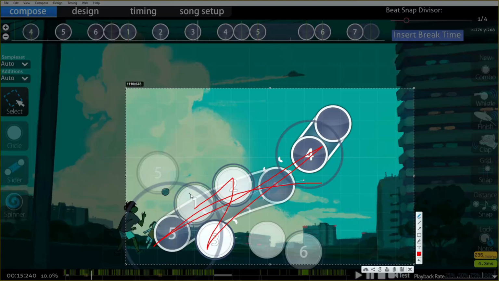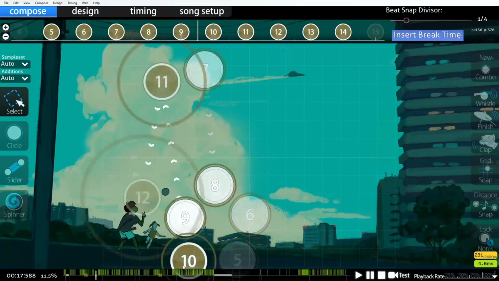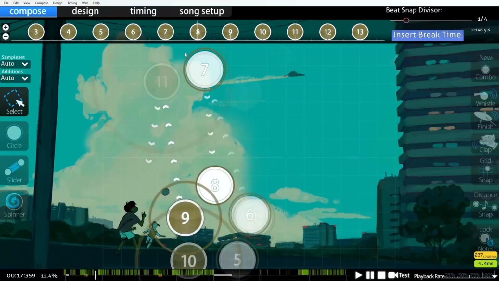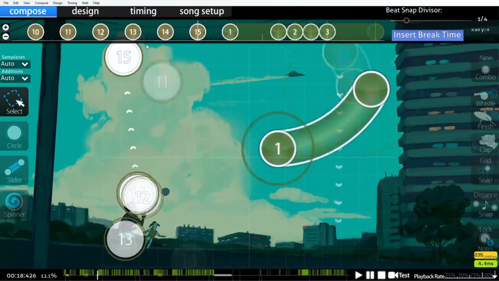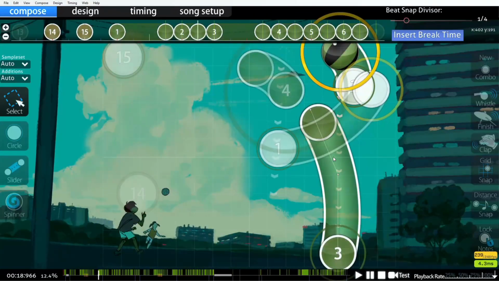So this sets up for this movement right here. Another repeated pattern here. Same thing here.